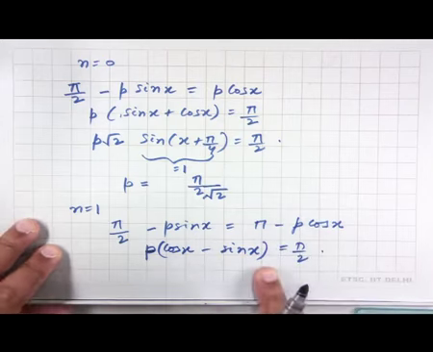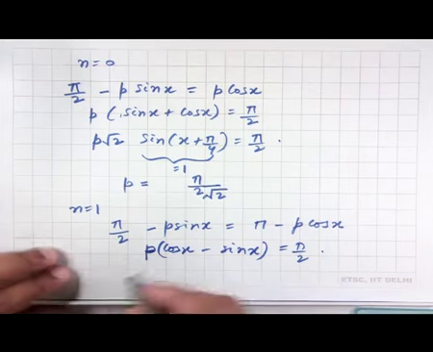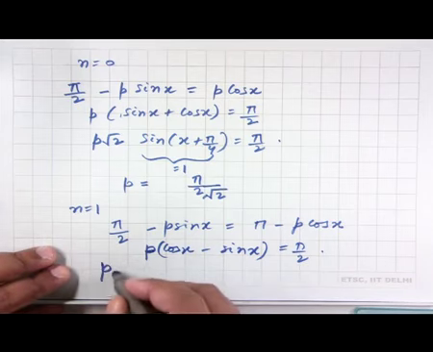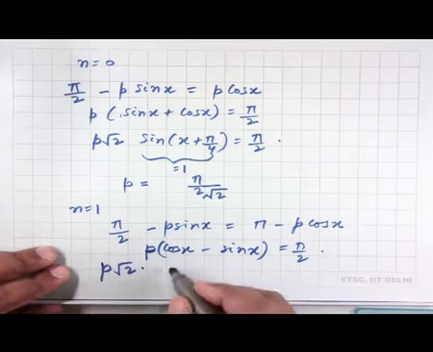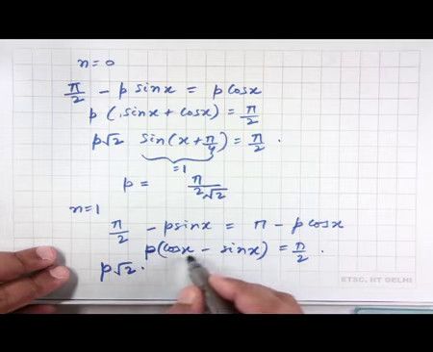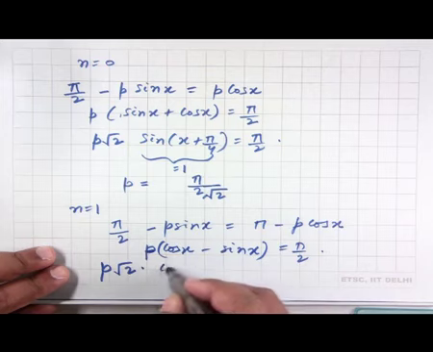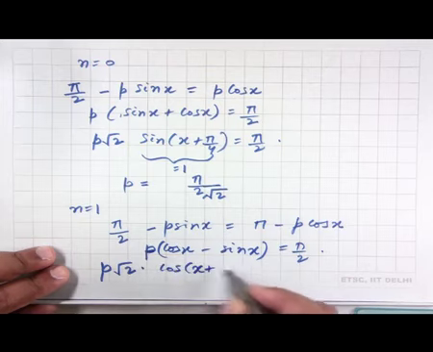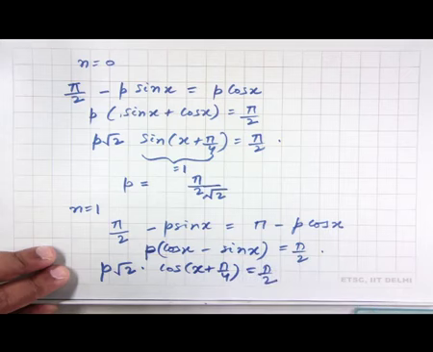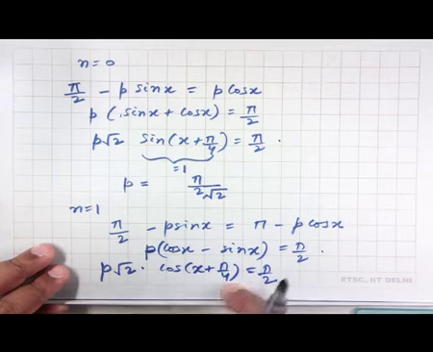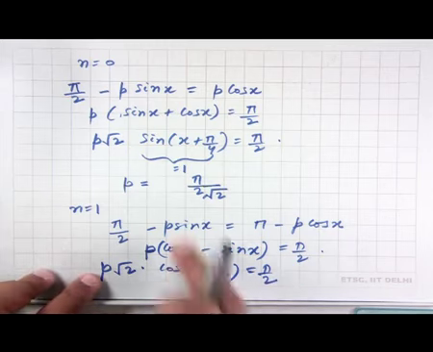Even here we can again write it as p into square root of 2 times cos x into 1 by root 2 minus 1 by root 2 sin x, which can be written as cos of x plus pi over 4 equals pi over 2. But even here the largest possible value of cos of x plus pi over 4 is still 1, and therefore the smallest positive value of p will still be the same value.